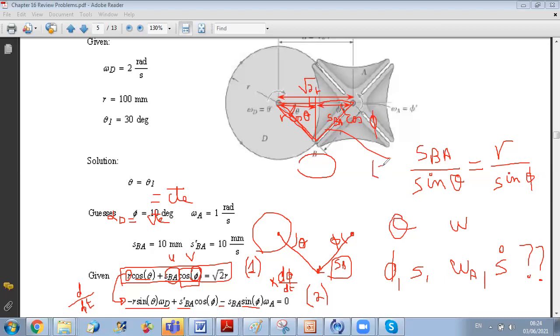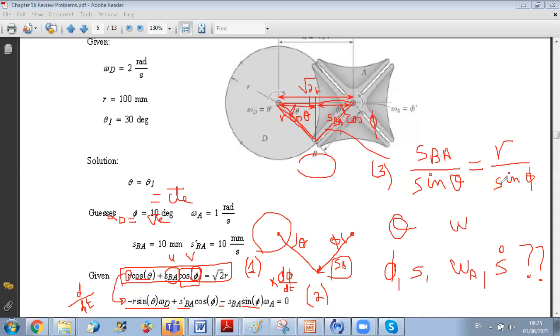So as you can see now, by combining equations 1 and 3, you get two equations with two unknowns, which are phi and S of B relative to A. So you can solve for these two. Now, in order to get another relation involving angular velocities, we should derive another time with respect to time.